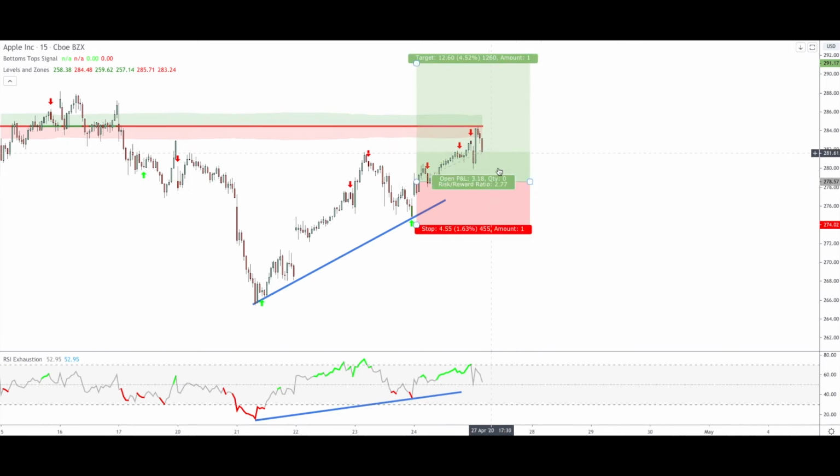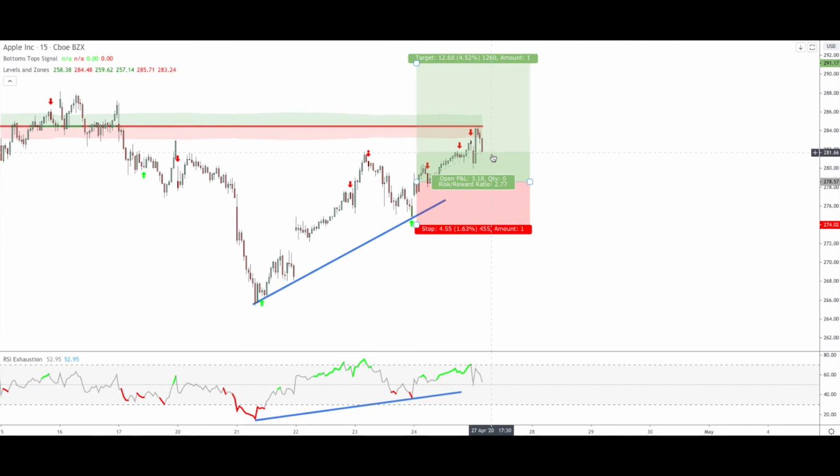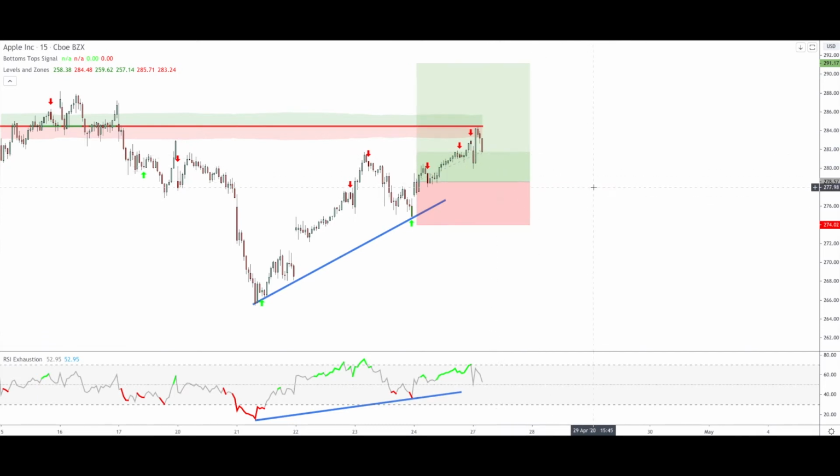I know it sounds counterintuitive, but I only move my stop loss to break even if I'm very confident that the price will not come back down, because if it does, well, we still need to give some room to move to this price.